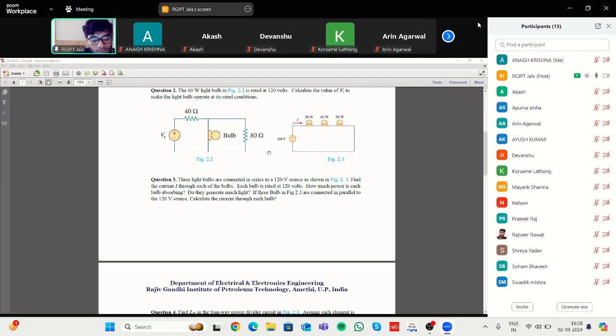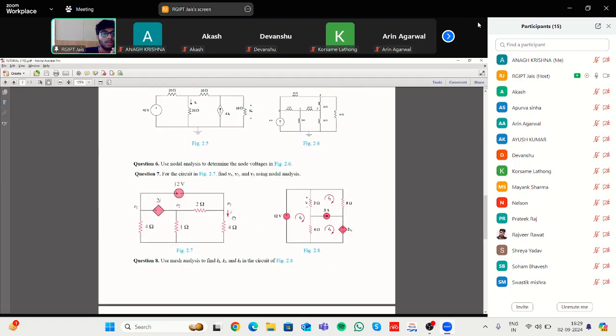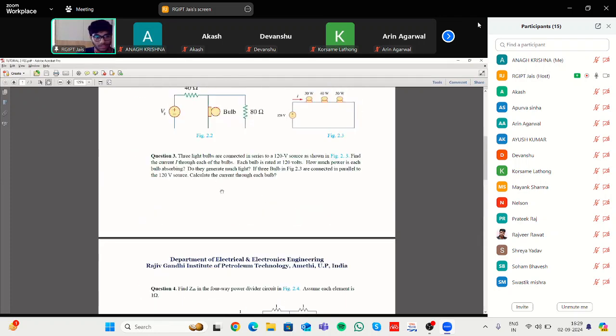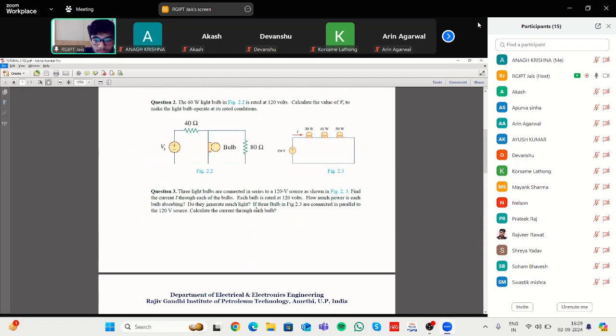So I see most of your answers are going far away from the actual solution. The answer should be less than 1. Most of your answers are near 10 or between 1 and 10. Okay, so today we have around 10 questions. So I will solve this third question now.